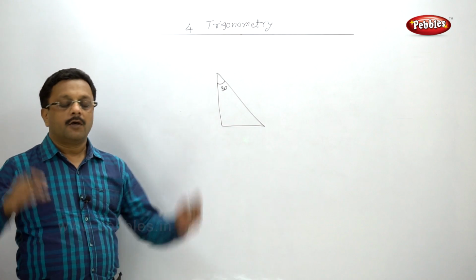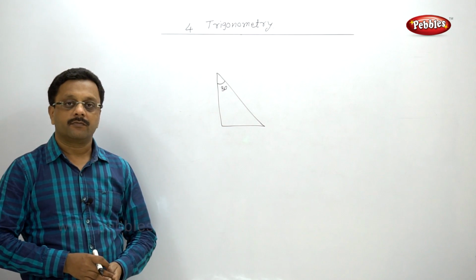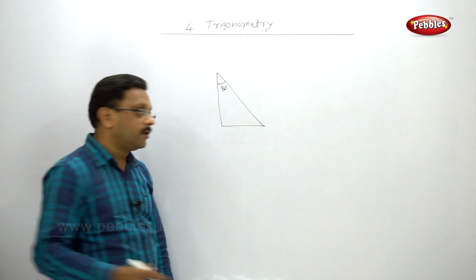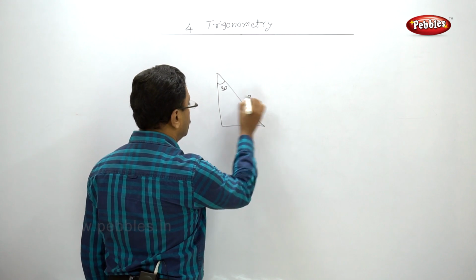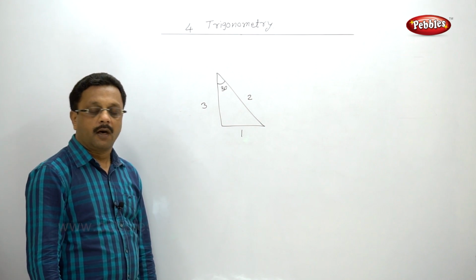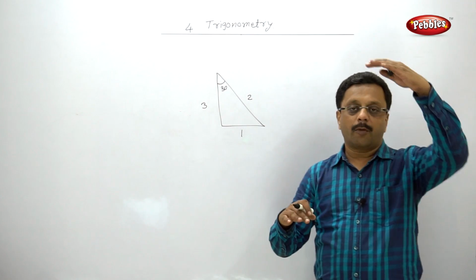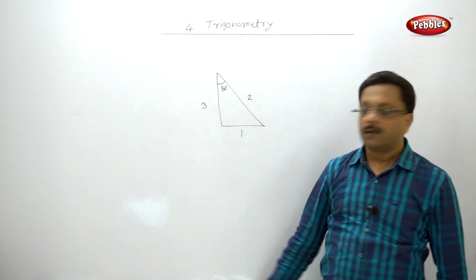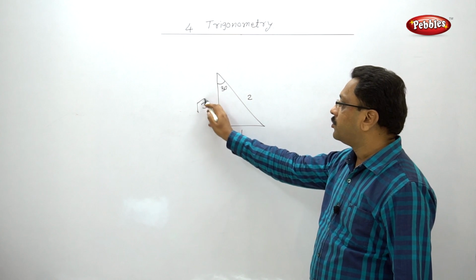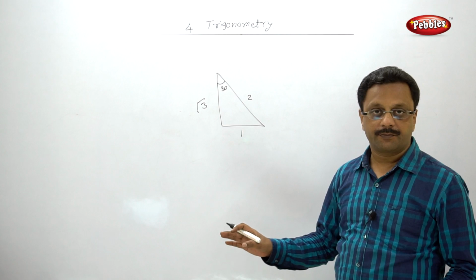Very simple. First see a right angle triangle and top angle is 30 degrees. Now you have to write 1, 2 and 3. See right angle triangle, top angle is 30 and 1, 2, 3. Now instead of 3, you see root 3. That's all. This is the figure.